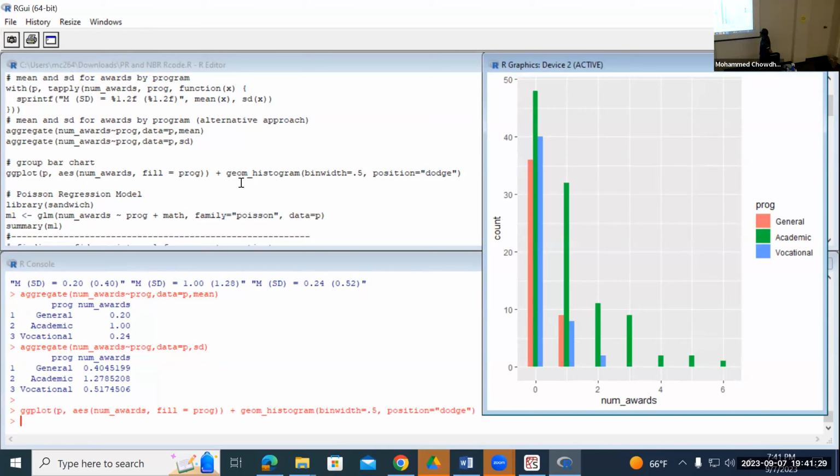And then also highest number of awards stands for the academic one. In this case, no awards for the general and vocational. Okay, this is the way. This is called the group bar chart.